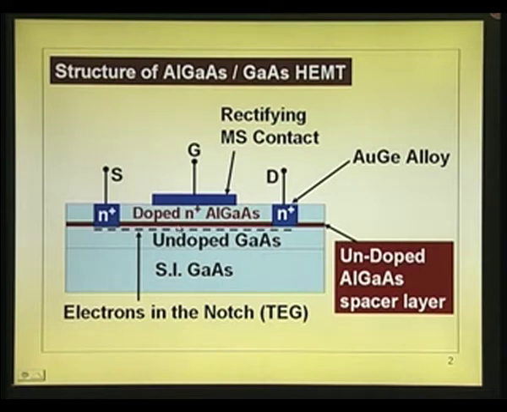Okay. So, when you deplete that, and also when you have this doped aluminum gallium arsenide on gallium arsenide, you have got a 2-dimensional electron gas here. So, it is these electrons which we are actually using for current transport.